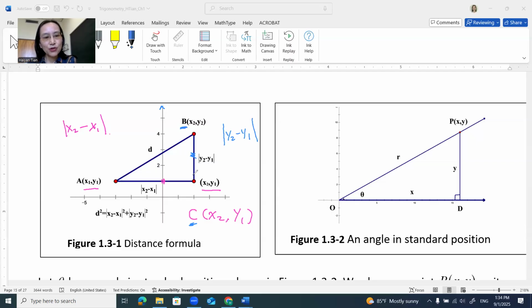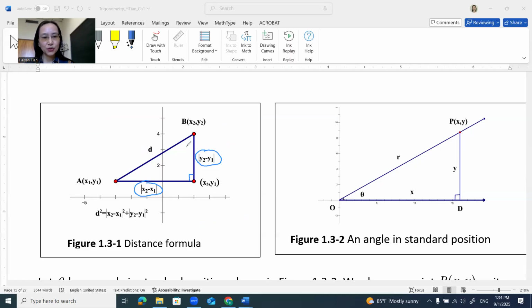Now, with this right triangle, we can find the distance between AB, because the distance between AB is just the hypotenuse of the right triangle. So use the Pythagorean theorem. We have the length of one leg, the length of the other leg, we already discussed.